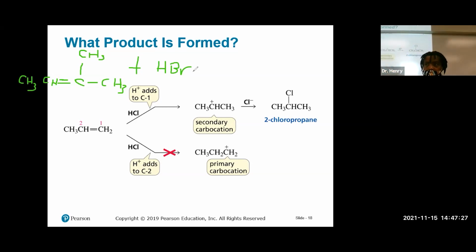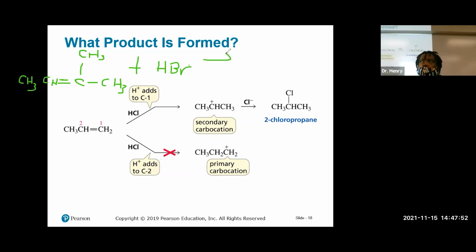What are going to be the products? Okay, the one's going to be broken, and we're going to get the final products.